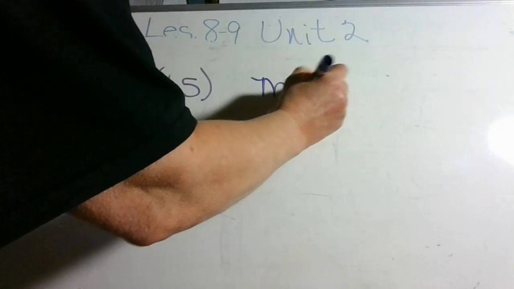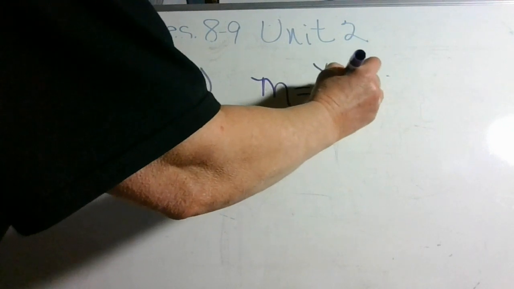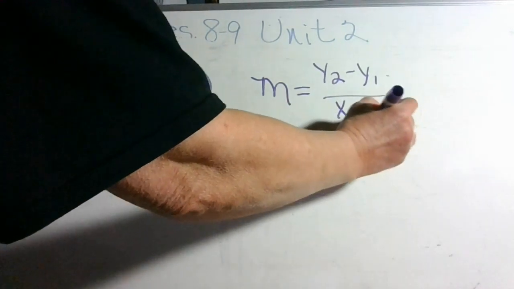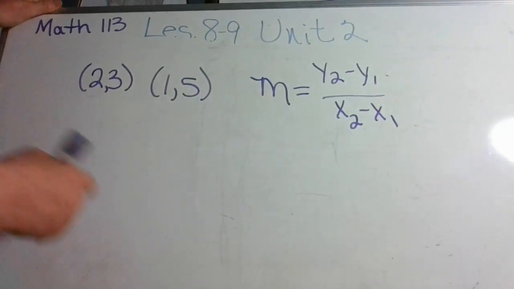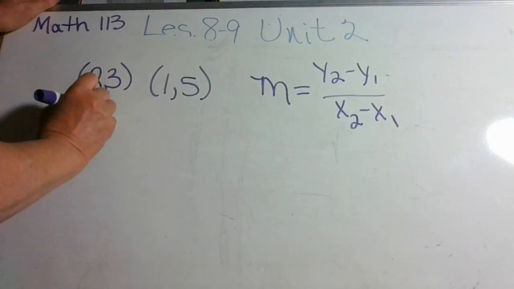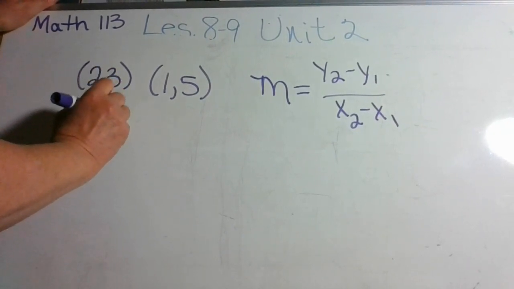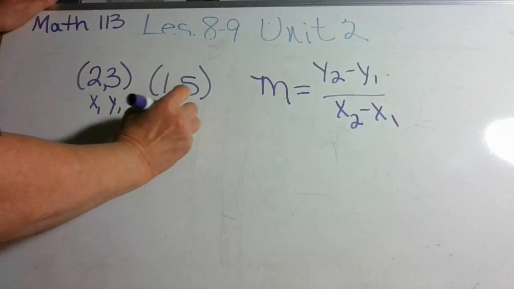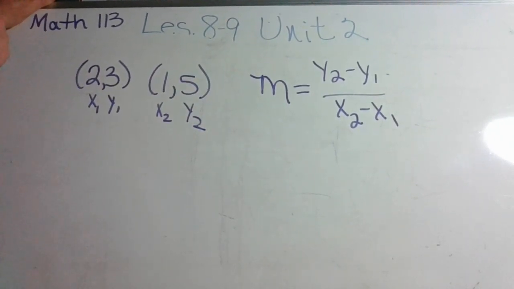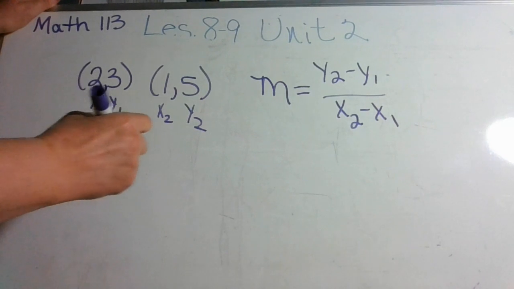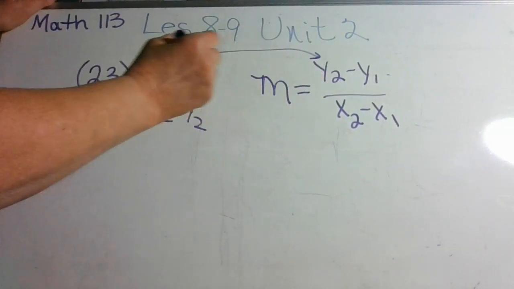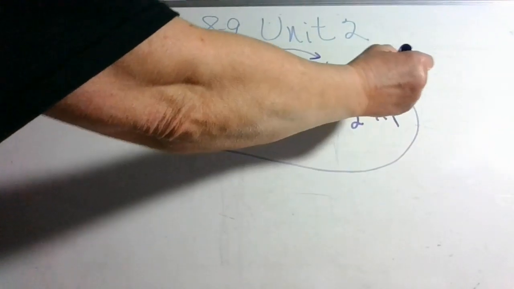To find the slope, we have m is equal to y2 subtract y1 over x2 subtract x1. So until you get familiar with this, I want you to actually come over here and call this x1, y1, x2, y2. Notice I just put those little numbers down at the bottom to differentiate between the two. All right, so this one's going to go here, and this one's going to go here.